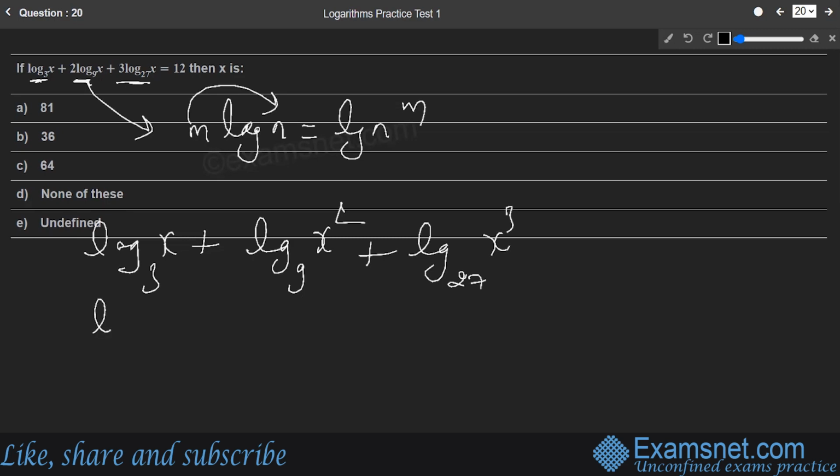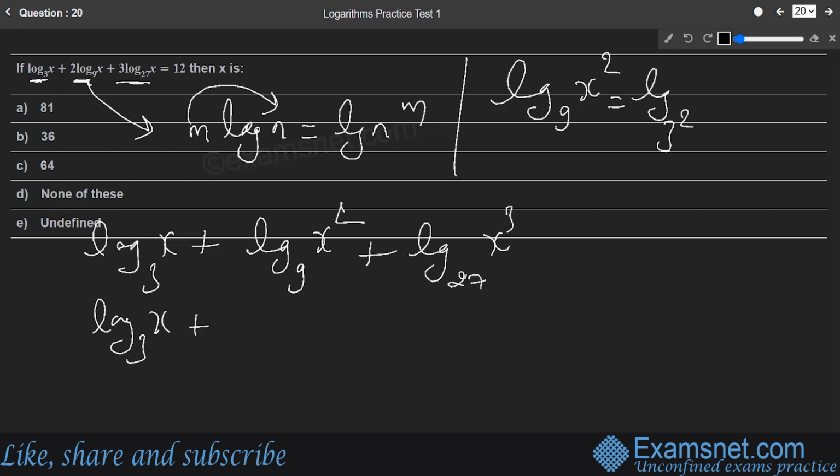Now let us try it further. Log base 3x is as it is. There is one more property where we can raise the power of the base as well. Log base 9x squared can be written as log base 3 squared of x squared. The base and the number both have got a power.